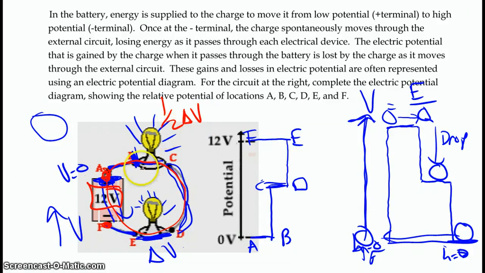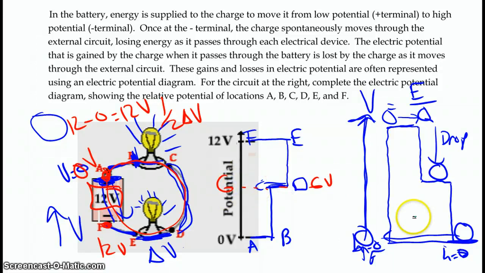Since the total potential difference between 12 volts here and 0 volts here is 12 minus 0, which is 12 volts, I assume they would both use up about 6 volts. So this line right here would be at about 6 volts. Now, that's an assumption I made based on the pictures and everything else.